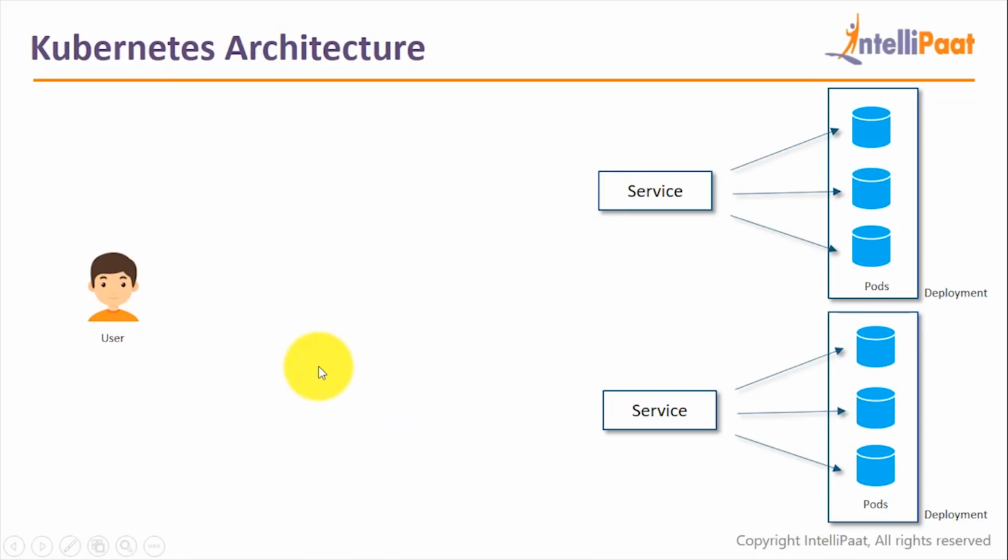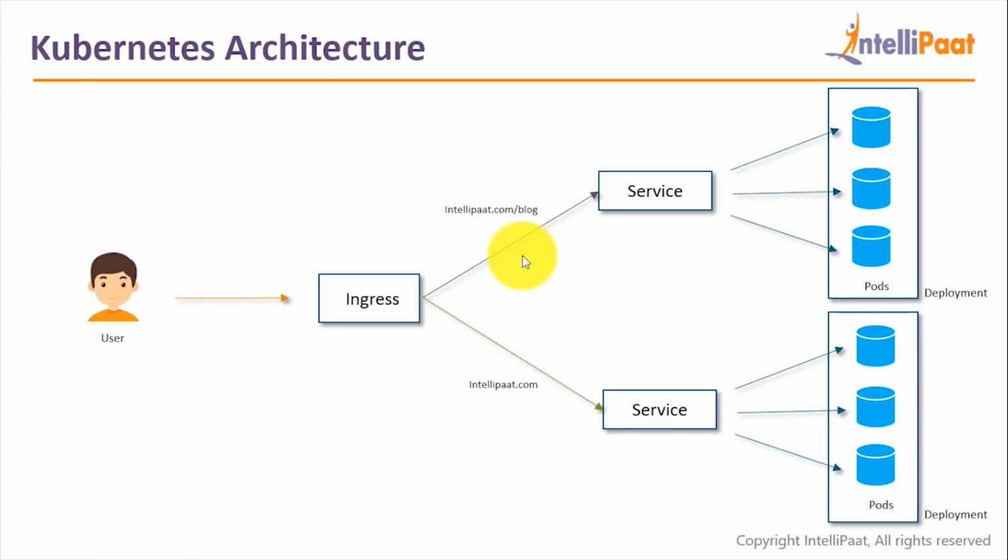Obviously, for a user, the only way he can interact is a URL, right? So say he goes to Intellipaat.com/blog. Now, how will the cluster know where exactly to send his request? For that, we have something called an ingress.